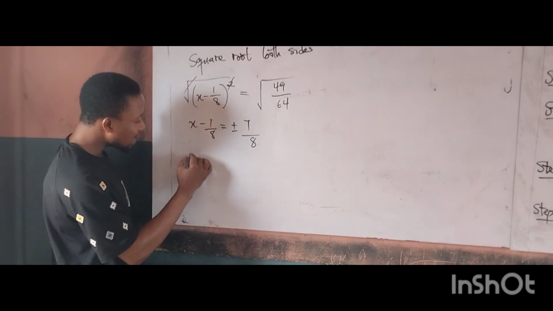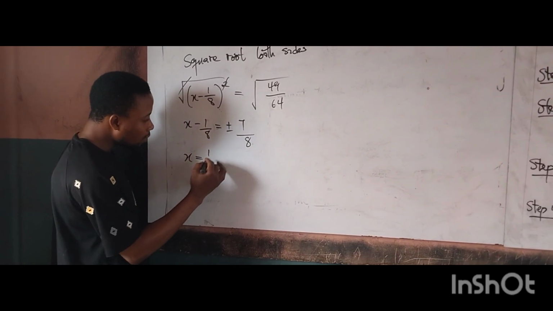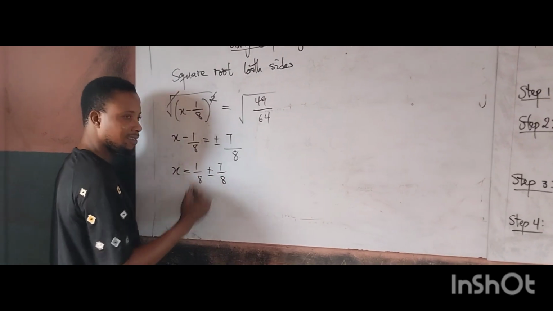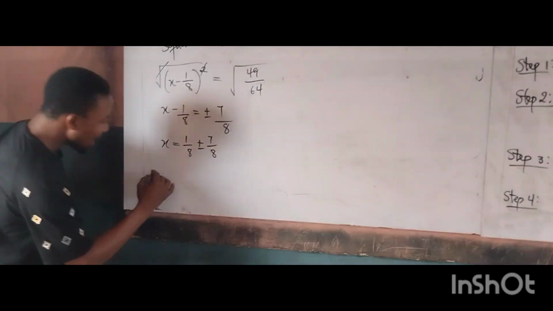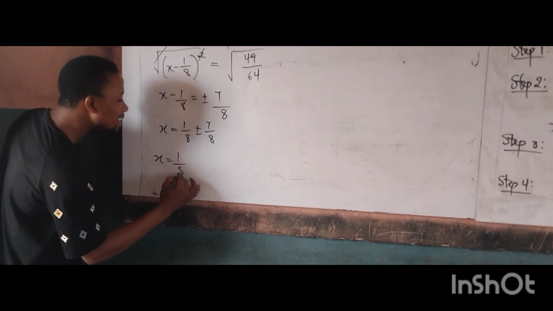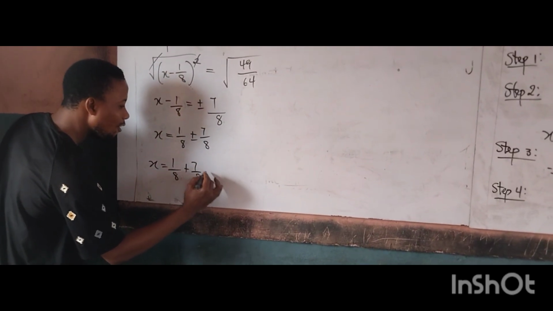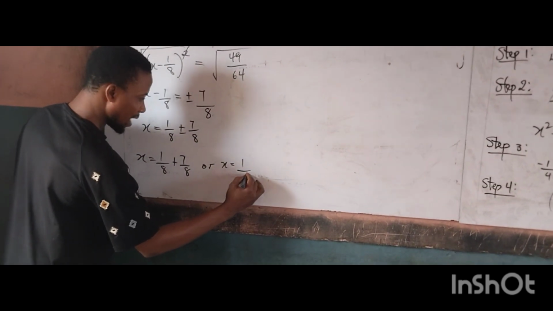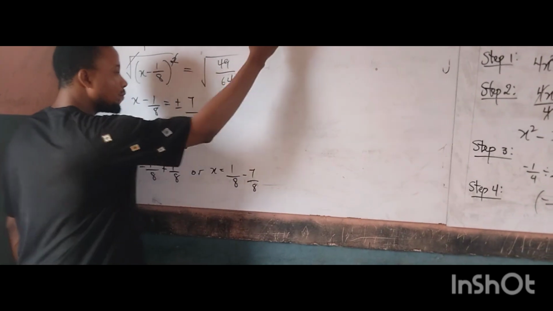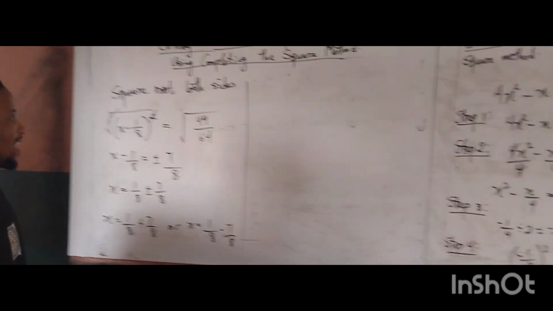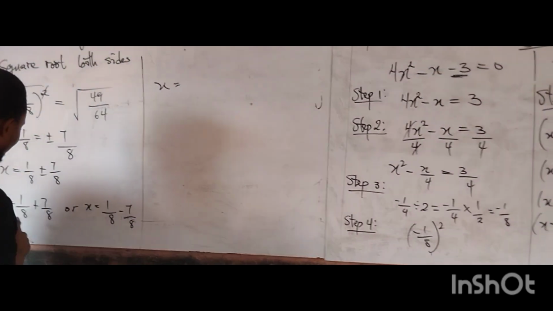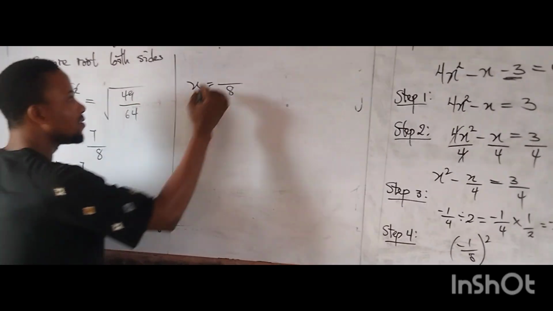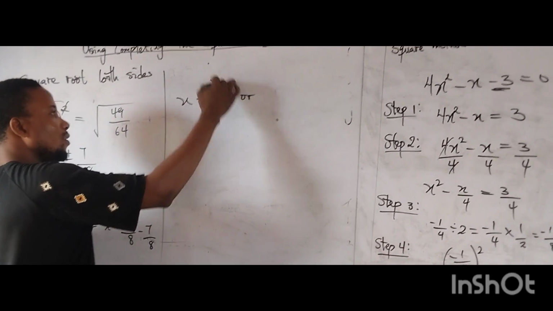You have x equal to 1 over 8. You bring this one to this side, and you have 1 over 8 plus or minus 7 over 8. So from there, you can say x is equal to 1 over 8 plus 7 over 8, or x is equal to 1 over 8 minus 7 over 8. The LCM is 8. 1 plus 7 is 8, and we cancel this one.